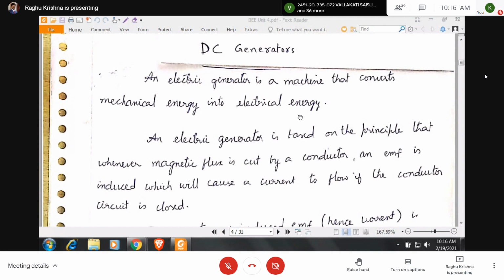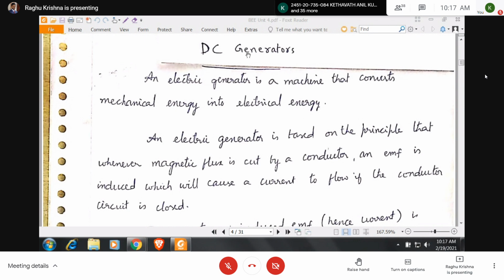In a thermal power plant, steam is used to rotate the turbine. The turbine shaft is connected to the generator. Like this, we give mechanical power input to the generator, and we get the electrical power output from the generator. So an electric generator is a machine that converts mechanical energy into electrical energy.